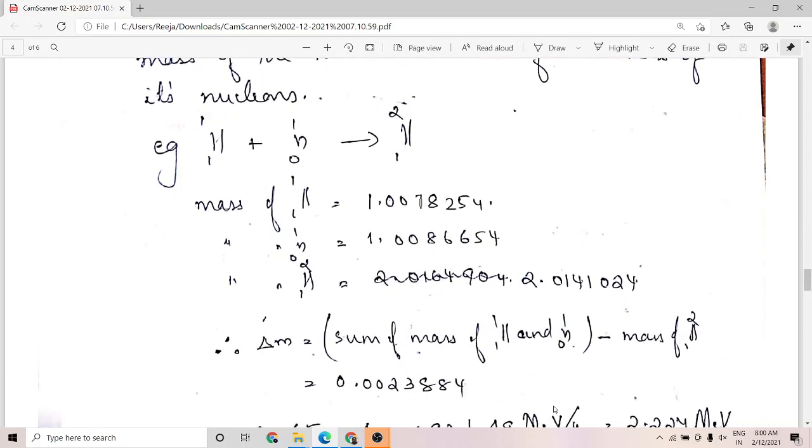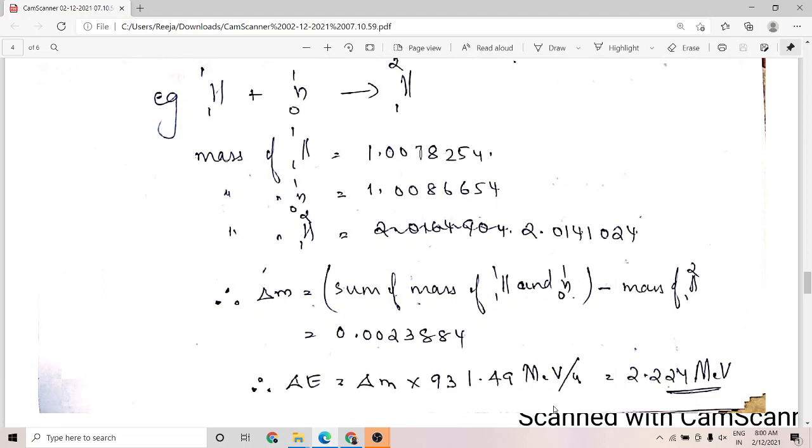But when you add the masses of this hydrogen nucleus and neutron and subtract from it the mass of the deuterium nucleus, we find that there is an excess mass of 0.023884.